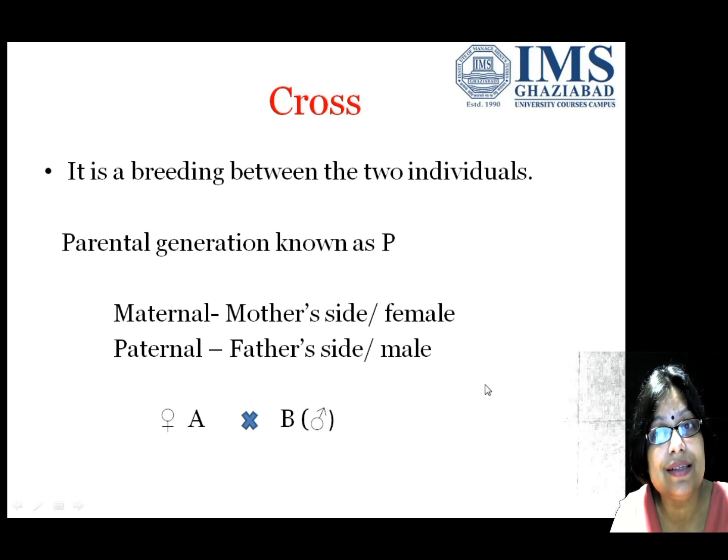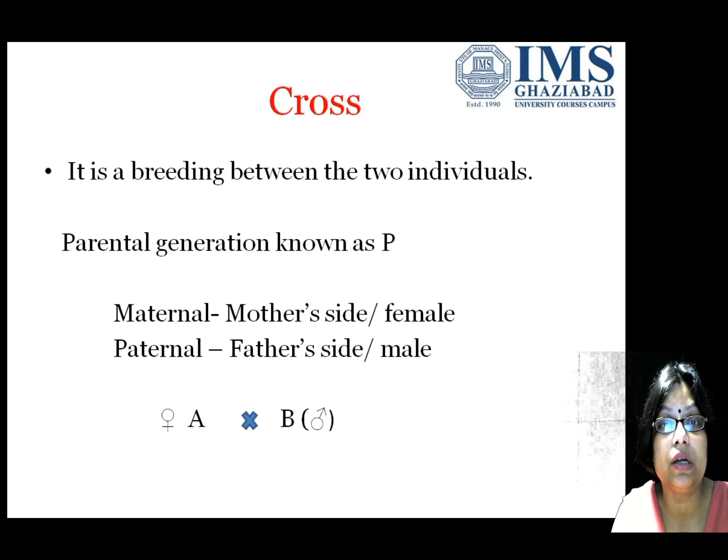When we are discussing plants, we say it is the breeding, or you can say the hybridization between the two individuals. Or when we are talking about animals, again the term is breeding, or you can say the mating between the two individuals takes place.